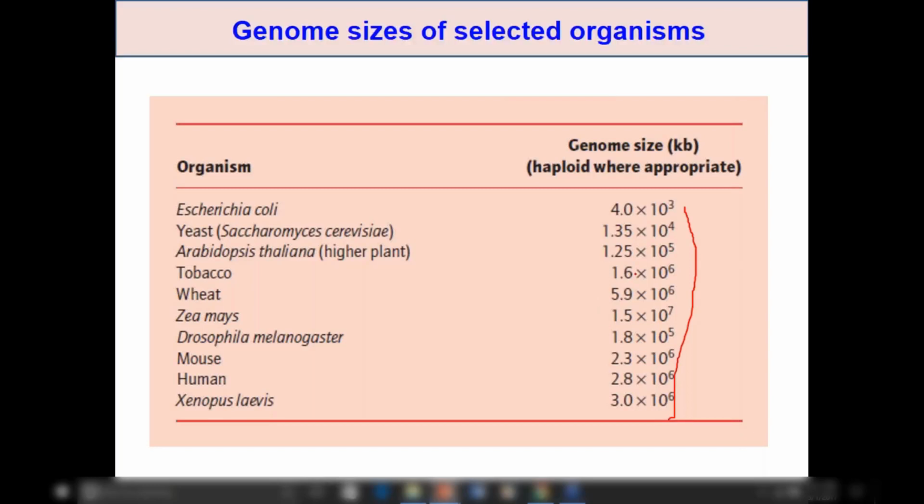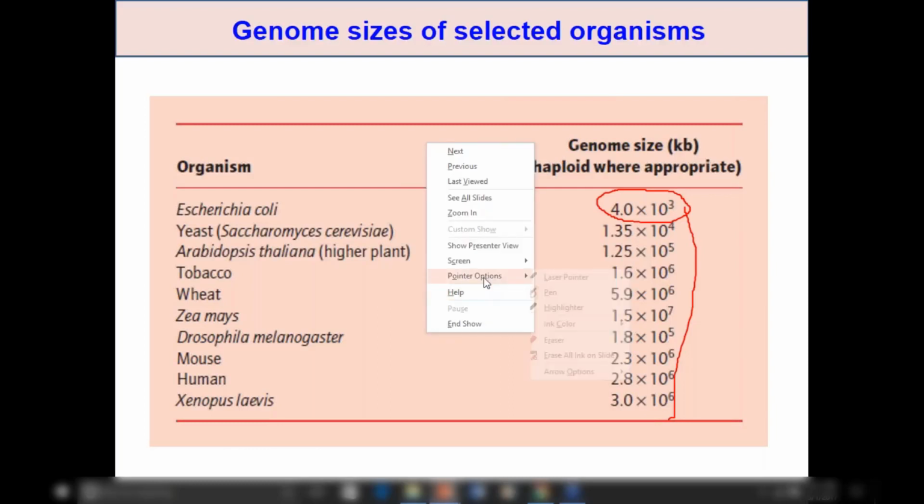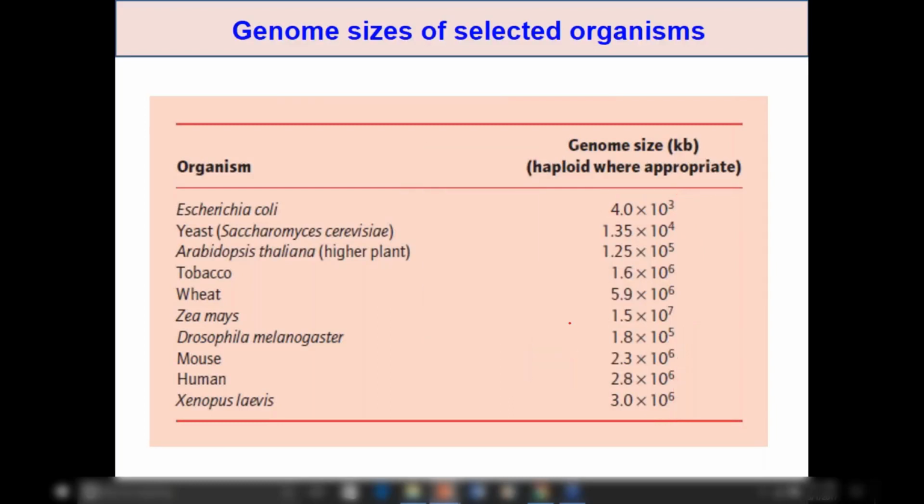So if I want to create a genomic library of this Escherichia coli using a particular restriction enzyme, if I want to create a 100% genomic library, how many plasmids do I require? Can anyone say? For example, restriction enzyme EcoR1.